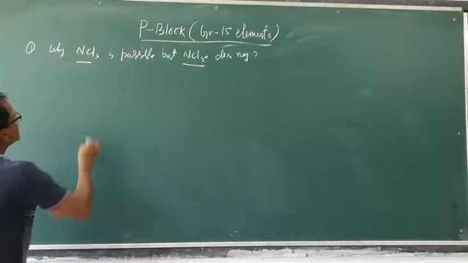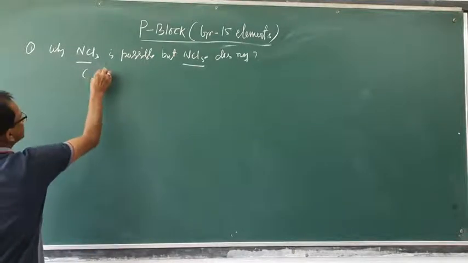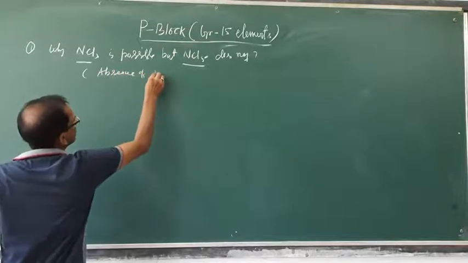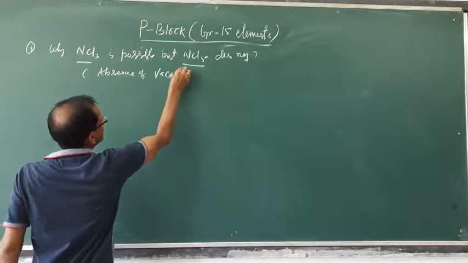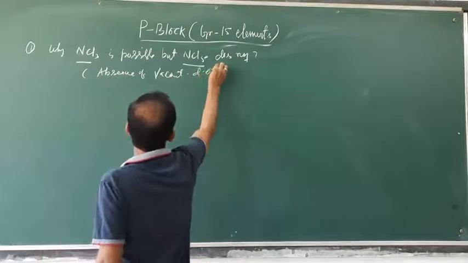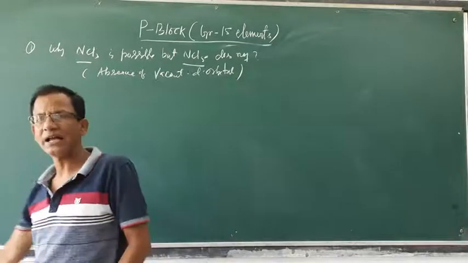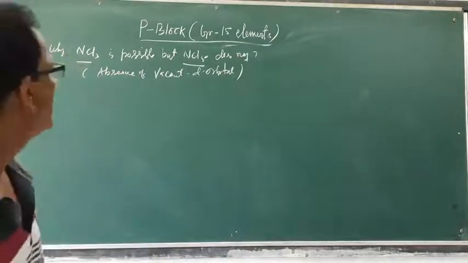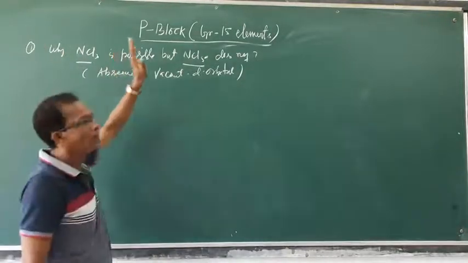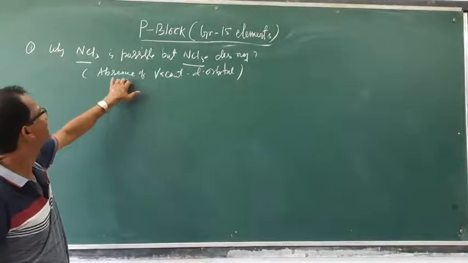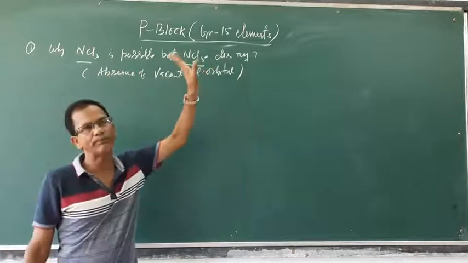The only answer is the absence of vacant d orbital. Nitrogen atom has no vacant d orbital. That's why it cannot produce NCl5.